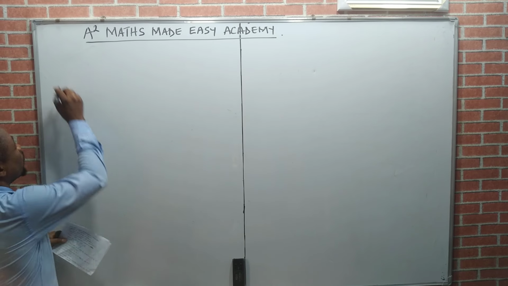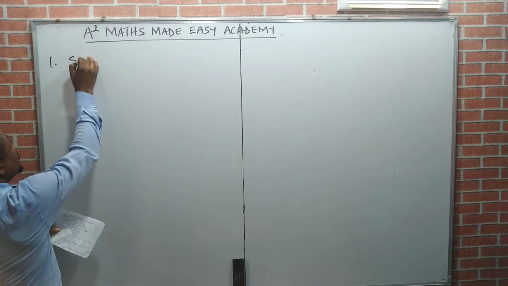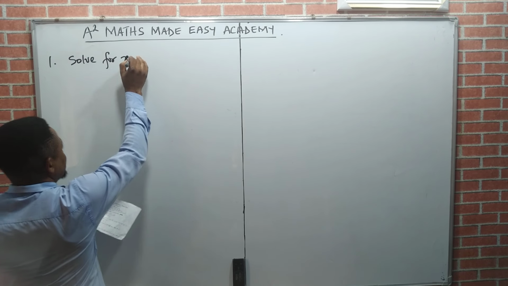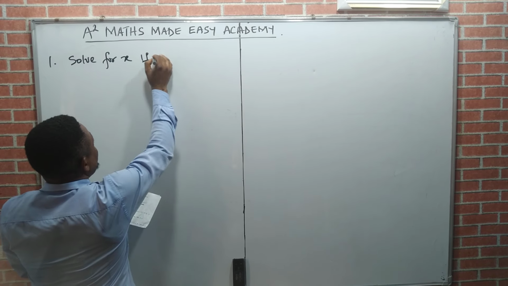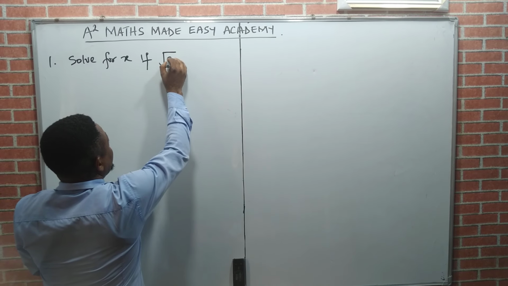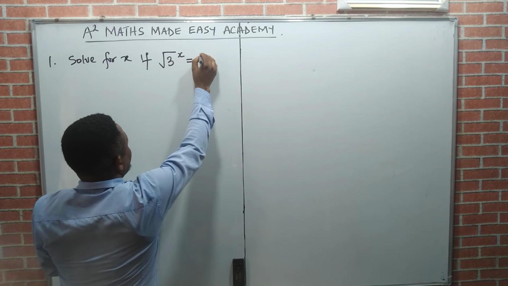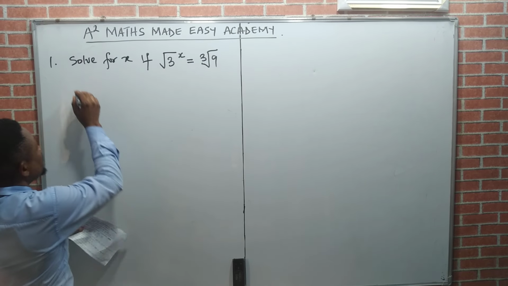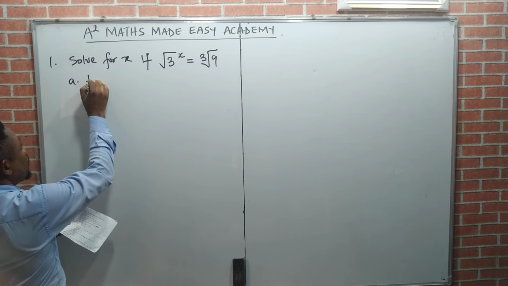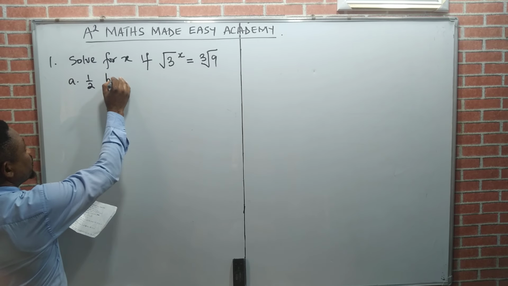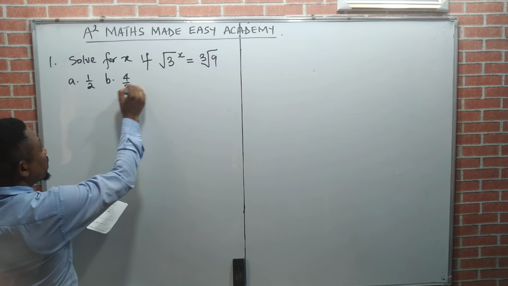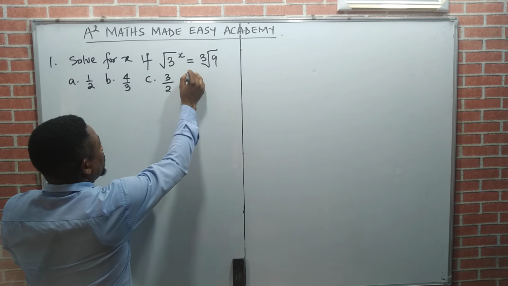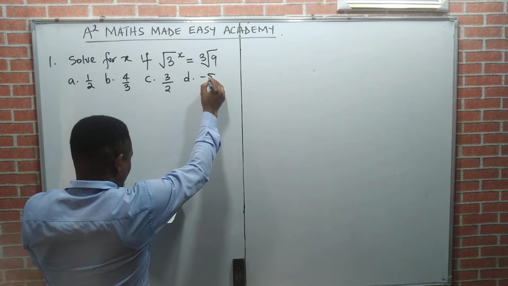Question number 1 says: solve for x if square root of 3 raised to the power of x is cube root of 9. The options are: A, 1 over 2; B, 4 over 3; C, 3 over 2; D, minus 5 over 2.